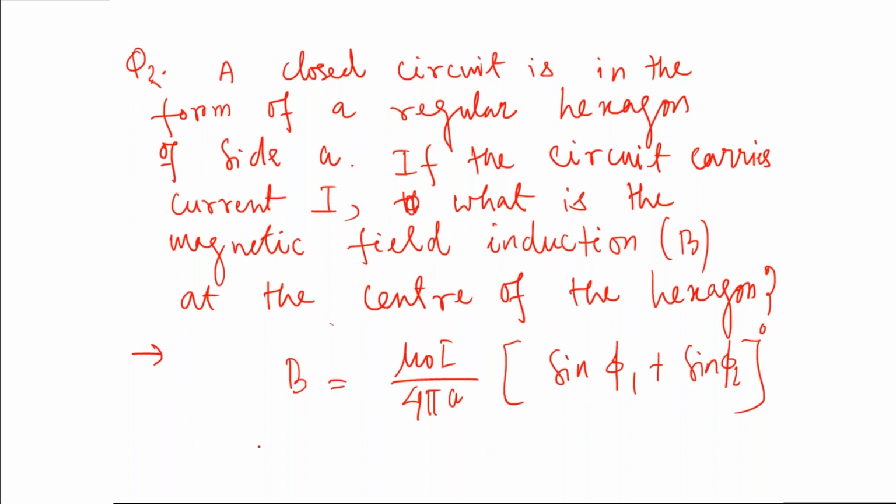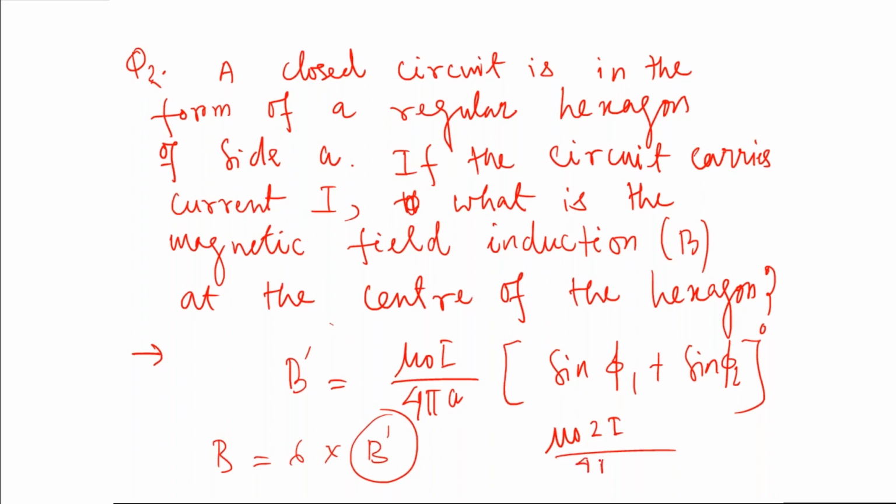Sir, for one wire it is mu naught by 4 pi into 2I by root 3, under root 3 A. Okay, so you have to multiply 6 over here.